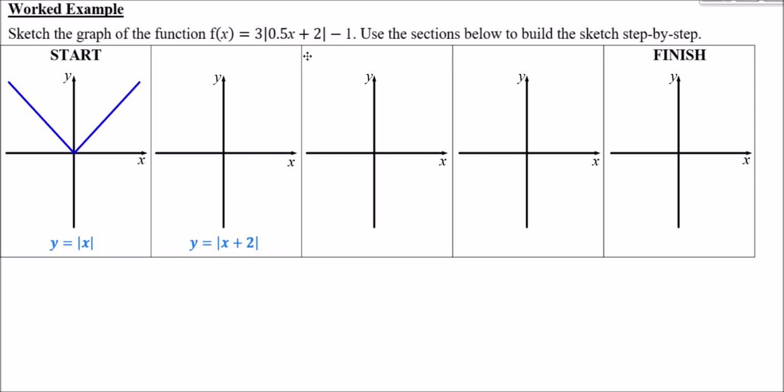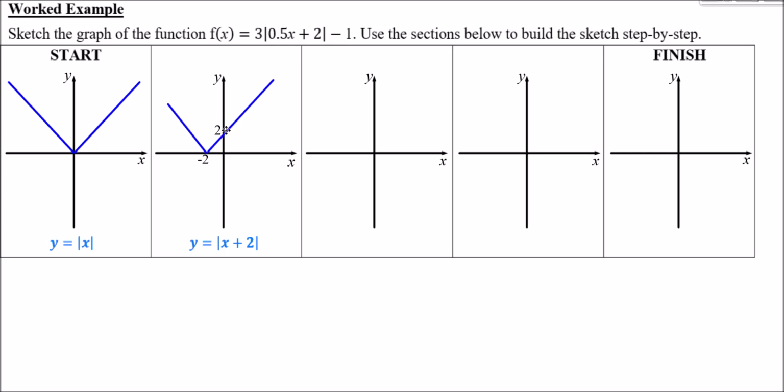So we deal with the modulus symbols first. But remember, inside opposite, we do the adding or subtracting first before dealing with the coefficient. So x plus 2, but inside opposite, rather than adding 2 to the x, we're going to take 2 away. So our V shape is just going to move 2 to the left, like so. So this is now minus 2, and this bit of the graph is going to be positive 2.